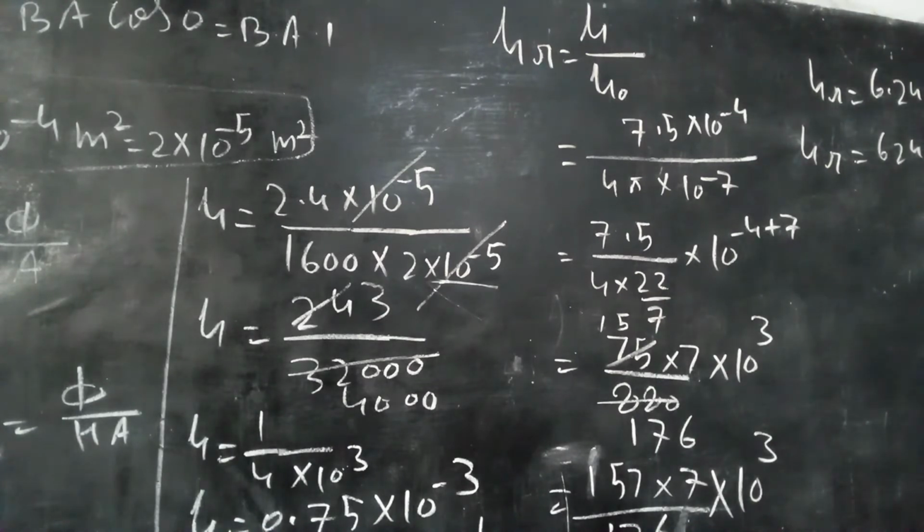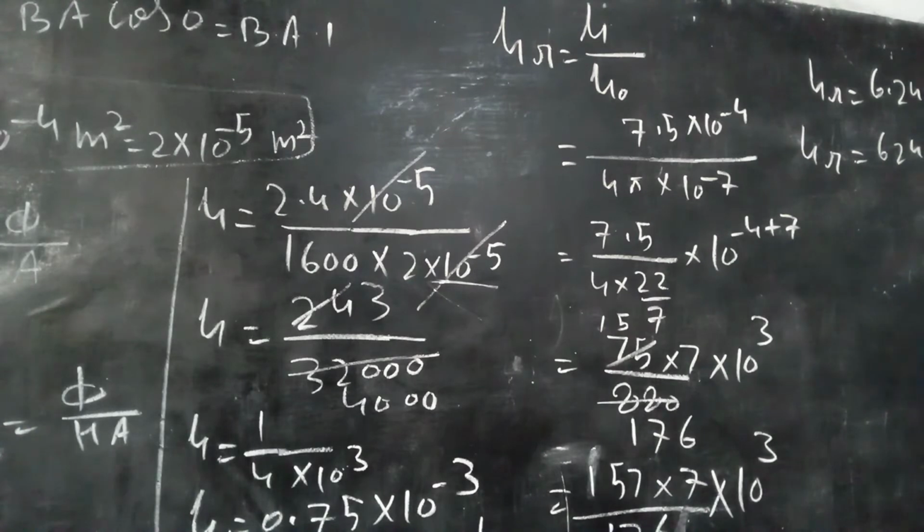Now we find I. First we find I. So how do we find I with the help of the given data? Yes, find chi first. So what is the relation between relative permeability and magnetic susceptibility?